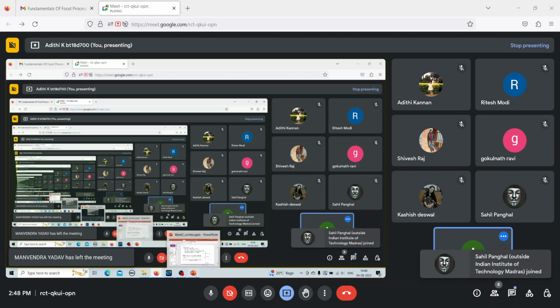So in the dynamic test, what happens is you give a sinusoidal stress to the material. You either give a sinusoidal stress or strain to the material and accordingly calculate the other part. So if you are giving a sinusoidal stress, you measure the strain with respect to time, or you give a sinusoidal strain and you measure the stress with respect to time.